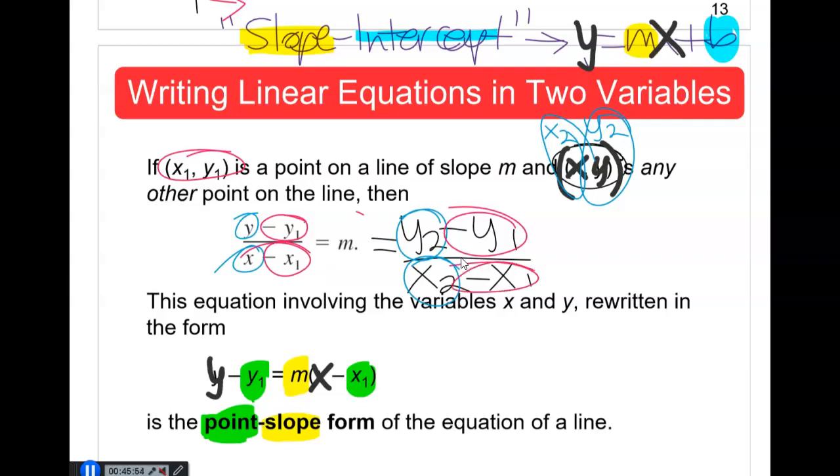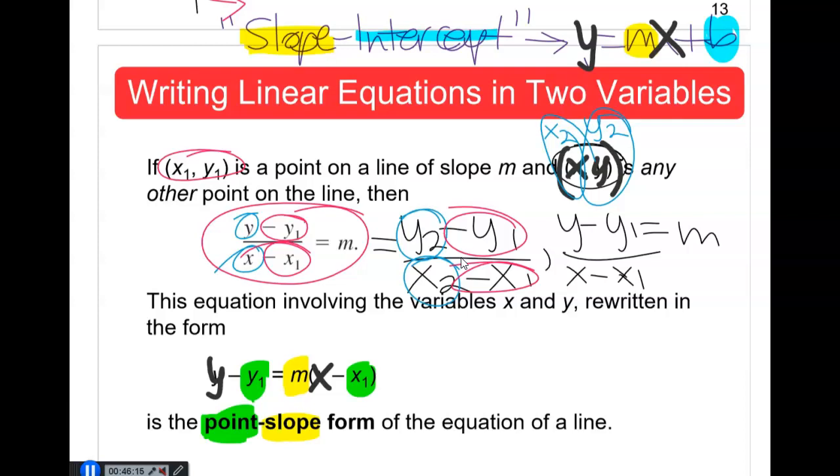So we get to that form, which I'm going to rewrite here. And that says y minus y sub 1 over x minus x sub 1 equals m. And you could see how the x minus x sub 1 is dividing the y minus y sub 1. Here, numerator, denominator.